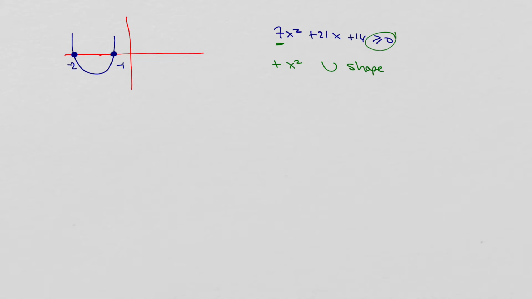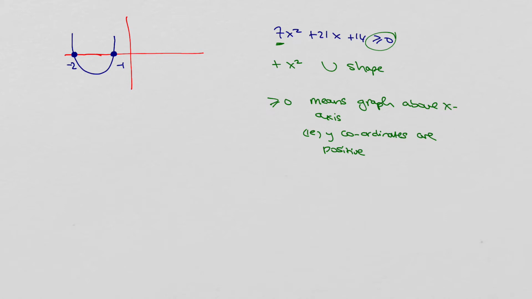And because we're looking at greater than or equal to 0, that means the graph must be above the x-axis. Why? Well, it means that the y-coordinates are greater than or equal to 0. In other words, they are positive. So if the y-coordinates are positive, then that's the part of the graph that is above the x-axis.